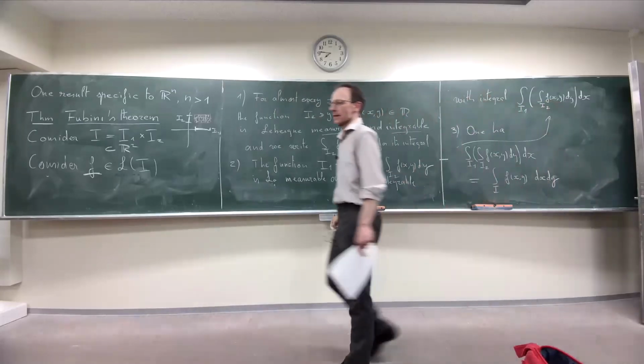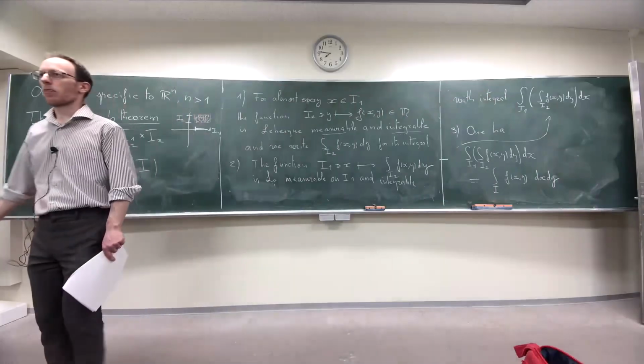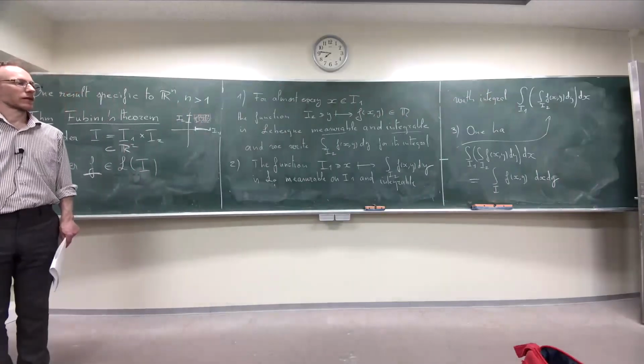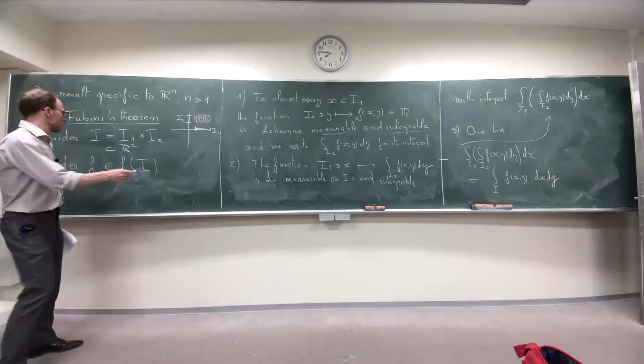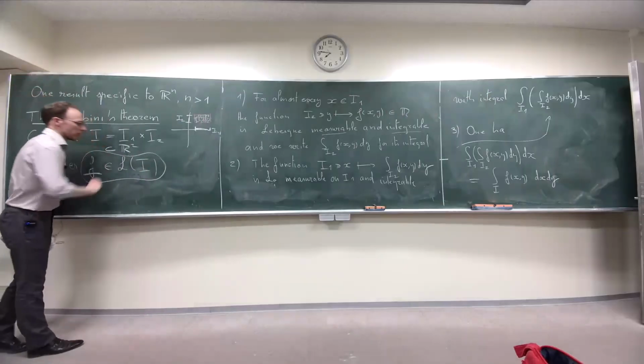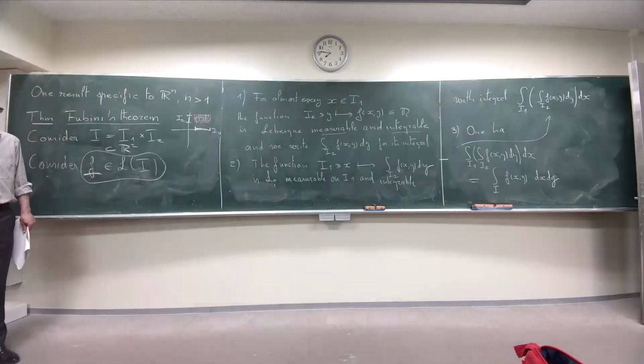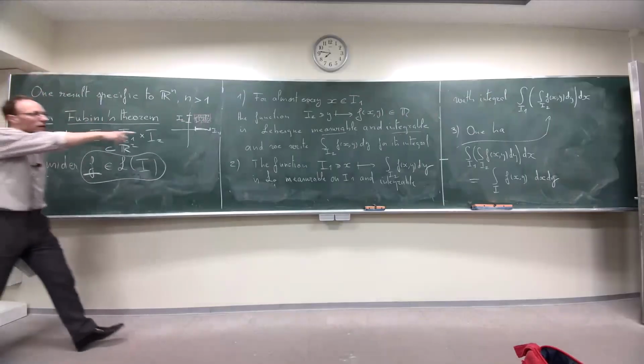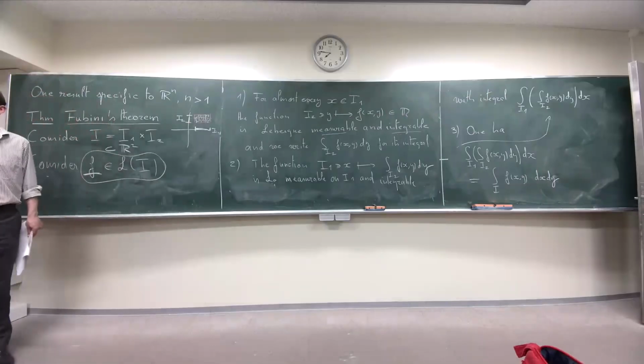So what is this notation? I assume that this function is Lebesgue integrable as a function in two variables. So this is the limit of this process with two variables, as a function of two variables.